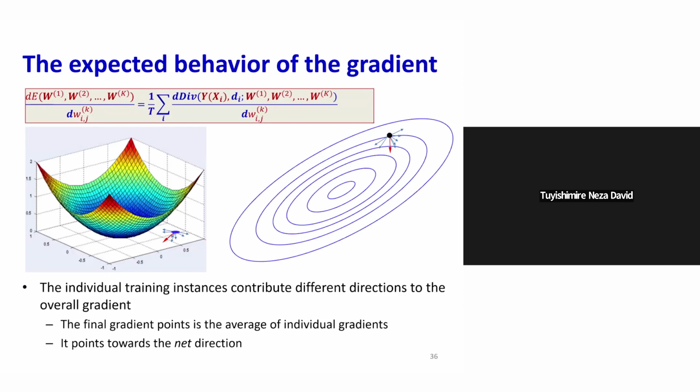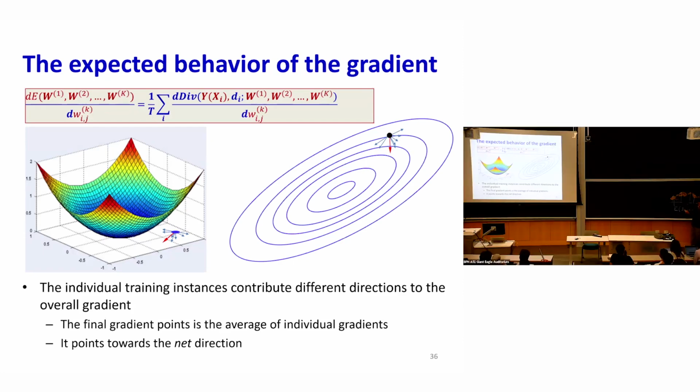So the effect of adjusting the parameters is going to be different at each training instance. If this is the current location of my estimates in my multidimensional space, then the effect of adjusting these parameters is going to be different for each of my training instances.